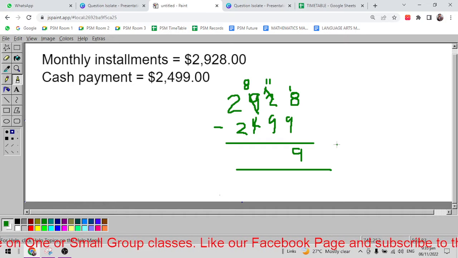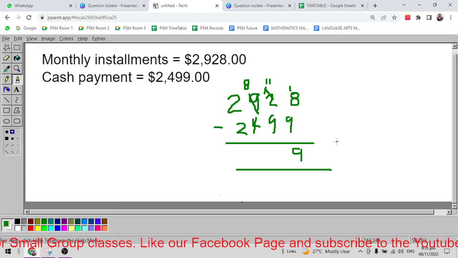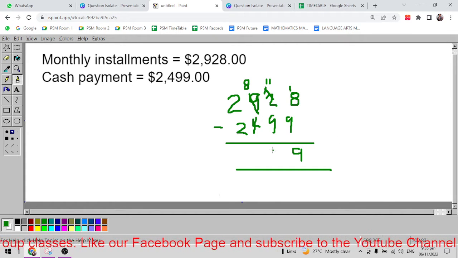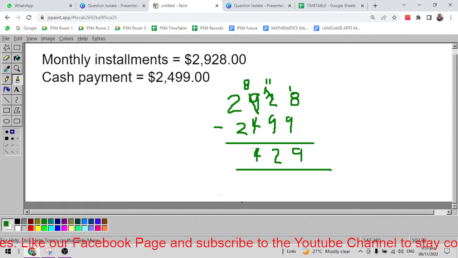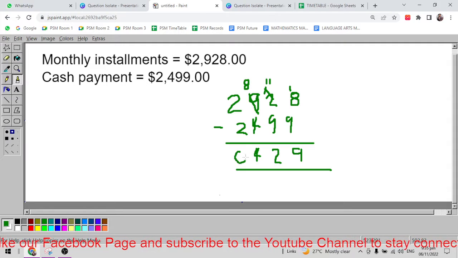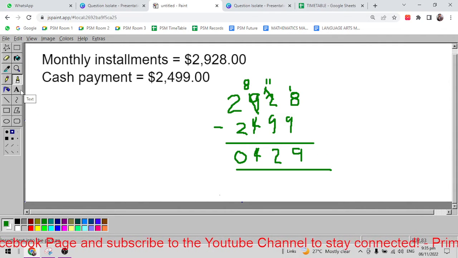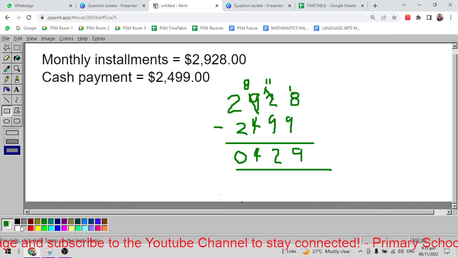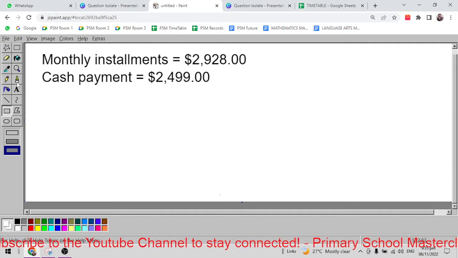I'm just fixing my mouse here. Good. 11 take away 9 is going to be 2. 8 take away 4 is going to be 4. And 2 take away 2 is going to be 0. So therefore, we got 429.